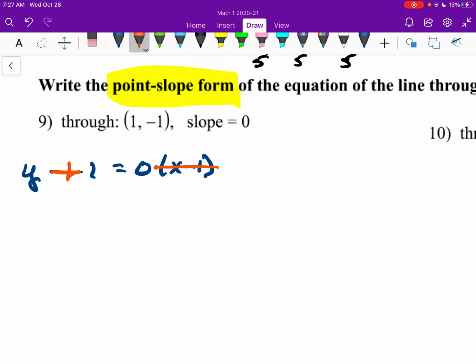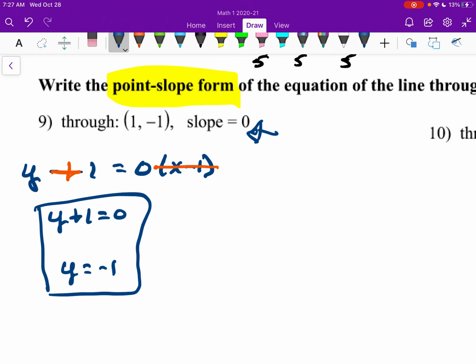So this kind of just goes away. So we have y plus 1 equals 0. And that's it. We could rewrite this as y equals negative 1 if we wanted to. But this is a kind of a special case scenario because our slope is 0. This is a horizontal line. So I'm not sure which one the multiple choice will show you, but it'll be one of those two.